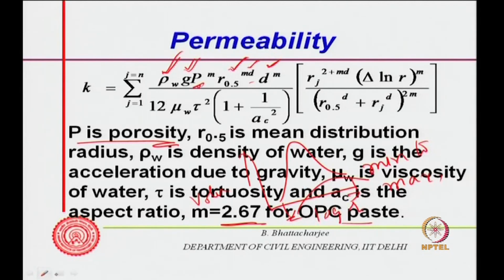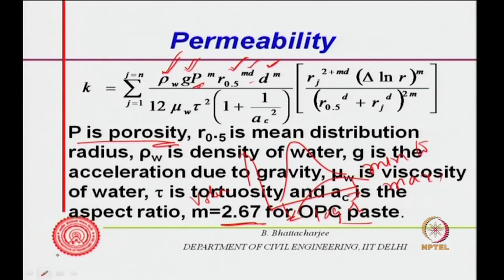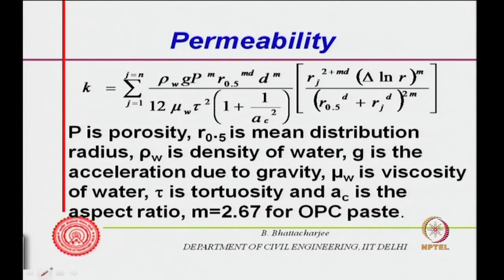as I said, and this is j going from 1 to n, that means there are several pore sizes which you can divide into number of groups, say n groups, and each group delta ln r gives you the small dr values, or r2 minus r1.